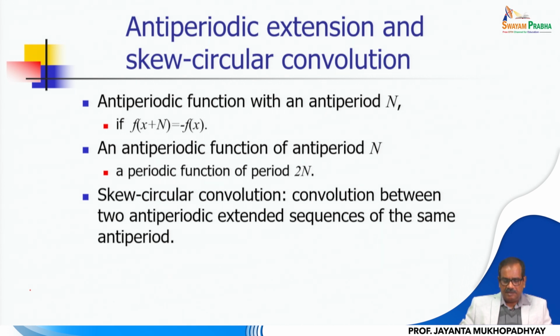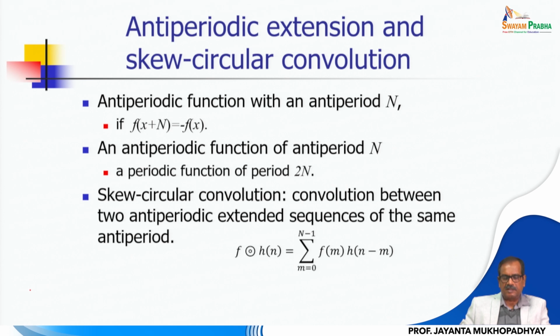So, here as I mentioned, you have the same antiperiod in the output if we have the same length of antiperiodic signals for two signals; the convolution between them will produce the same length of antiperiod for the output.